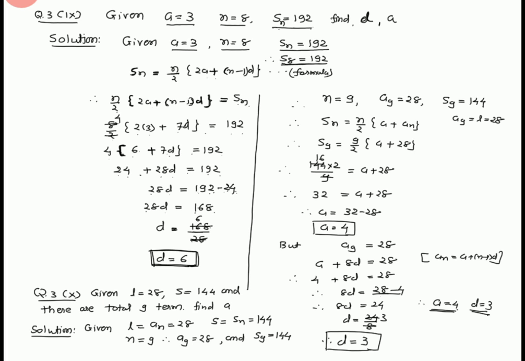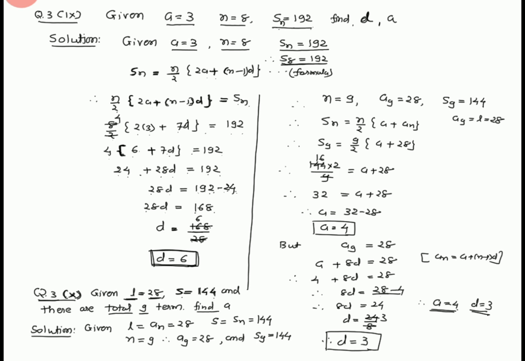Now we start question number 3, sub question number 10. Given that L, the last term, an equal to 28. S means sum of n terms, Sn equal to 144, and the total number of terms n equal to 9 is given.